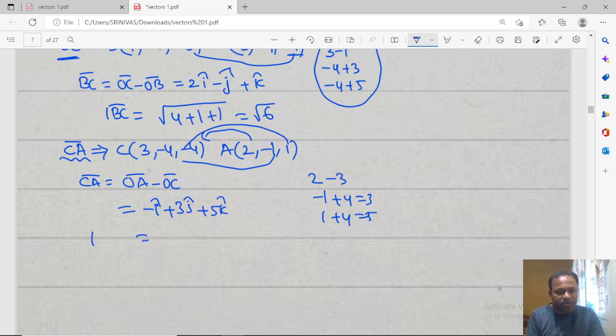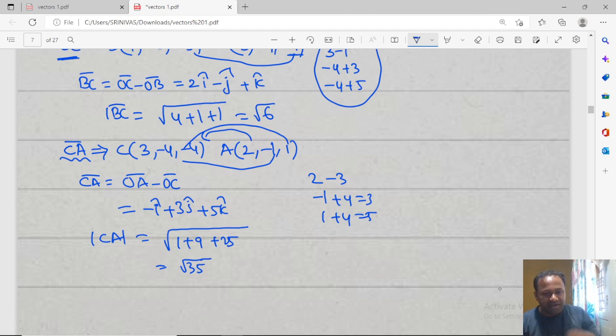That is equal to mod CA bar is equal to under root of 1 plus 9 plus 25. 25 plus 10 will be 35.